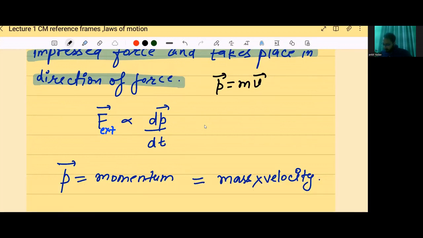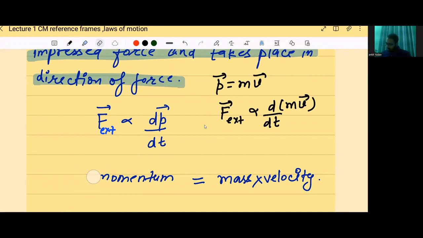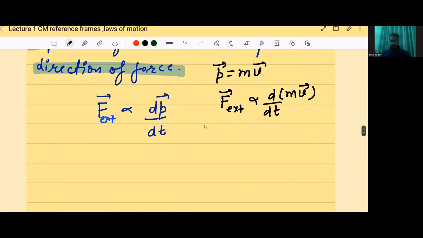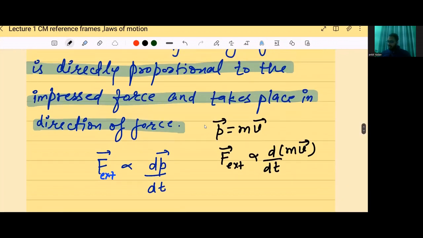So the external force is directly proportional to dp by dt, that is d by dt of mv. This is the second law of motion, and another necessary condition is that the change takes place in the direction of the impressed force.